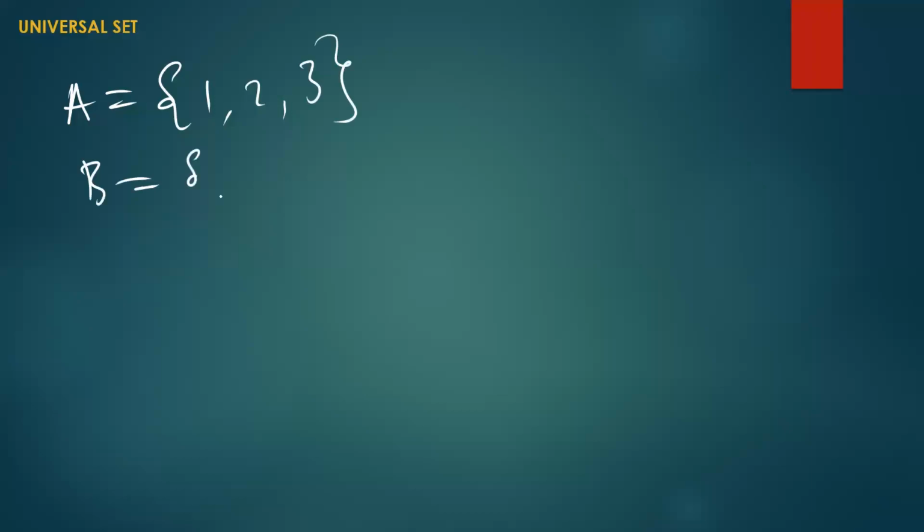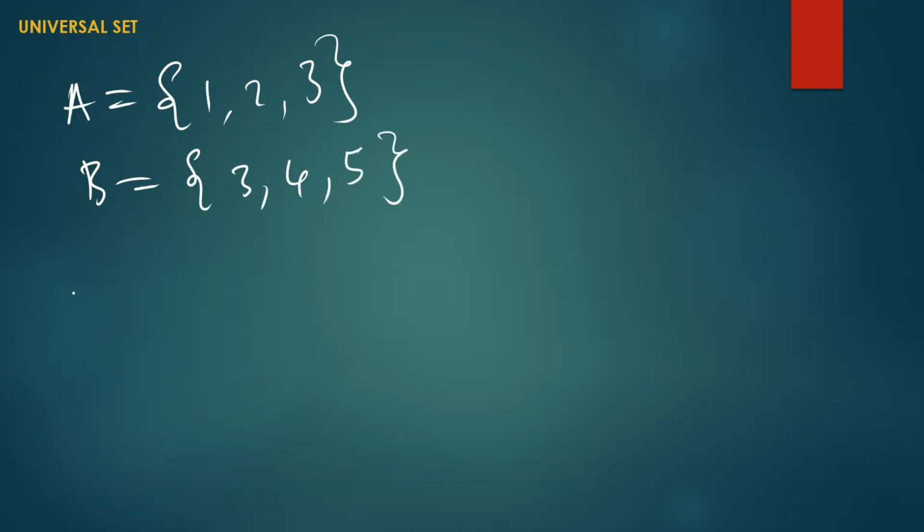All right, so what is a universal set? A universal set is simply a set that contains all the elements of the given sets. So for instance, you have set A, which has been given to be 1, 2, 3. Then you also have set B, which has been given to be maybe 3, 4, 5.